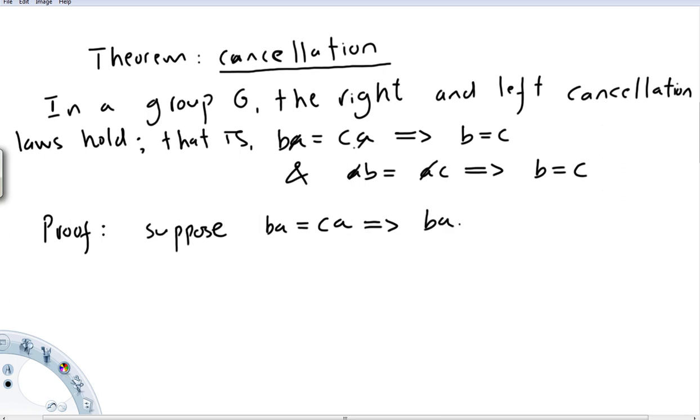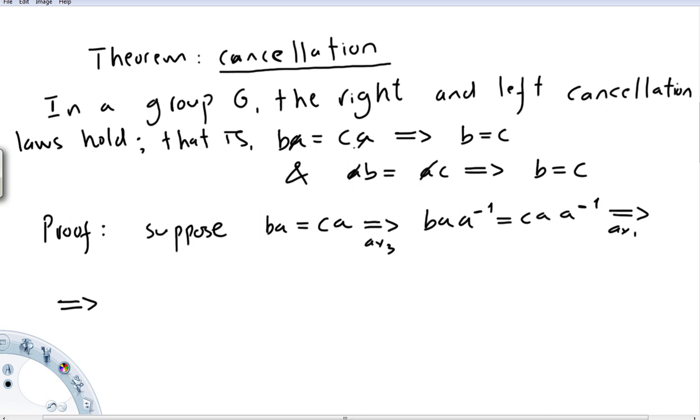BA will have a right inverse. I'm going to put the right inverse on both sides. This is axiom 3, right? Each element will have an inverse. Now I'm going to use axiom 1.